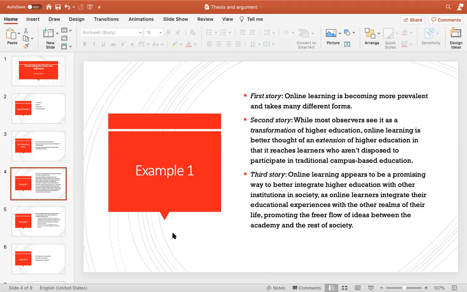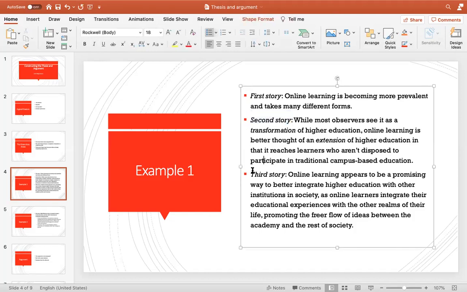But if you have a thesis statement which requires some argumentation, it is called a second story thesis statement. But if we have a thesis statement which not only requires some arguments to be proven, but also has some deeper implications, then it is called a third story thesis statement.